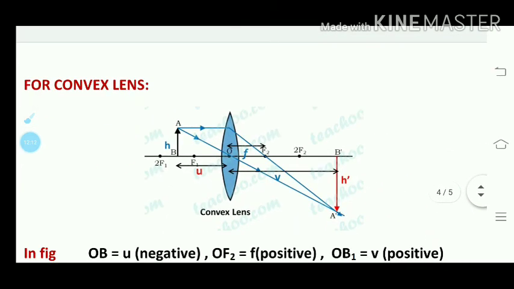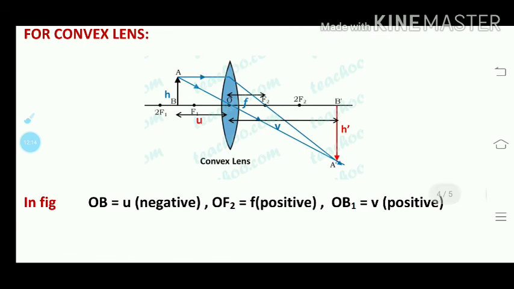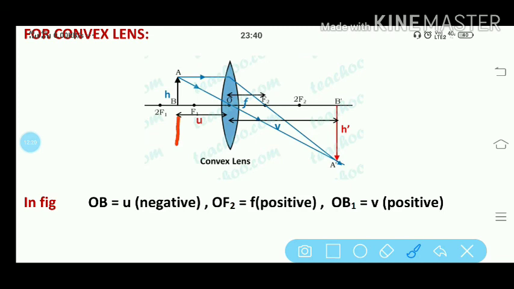Now for convex lens, OB is the distance of object to the optical center. So this is optical center. We are going in this direction to measure the object distance.